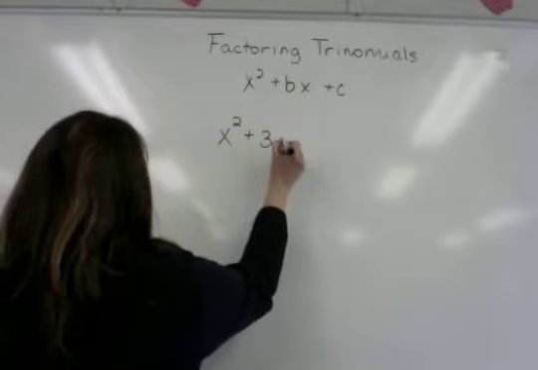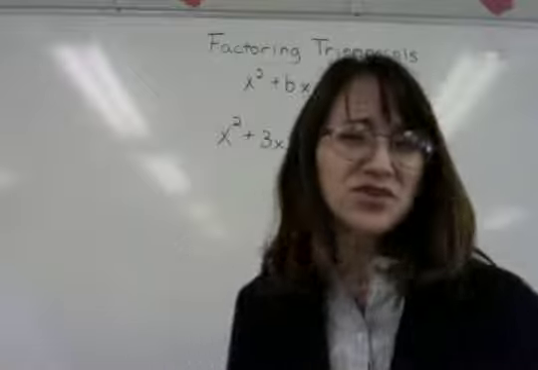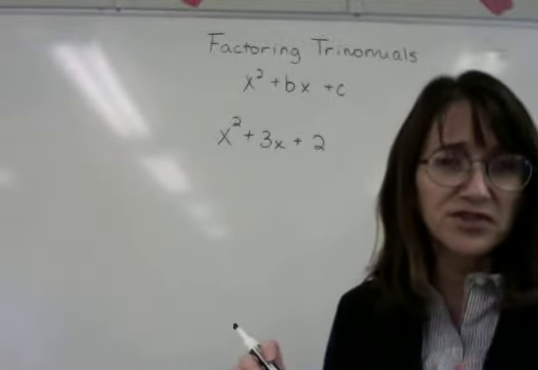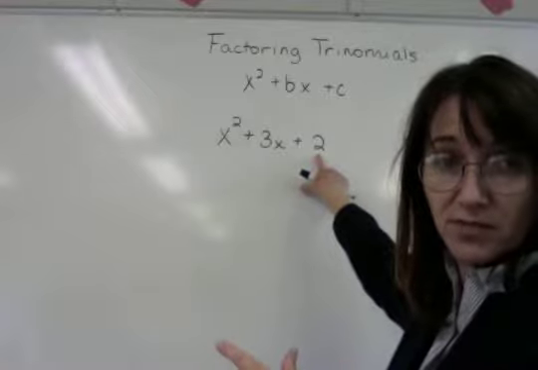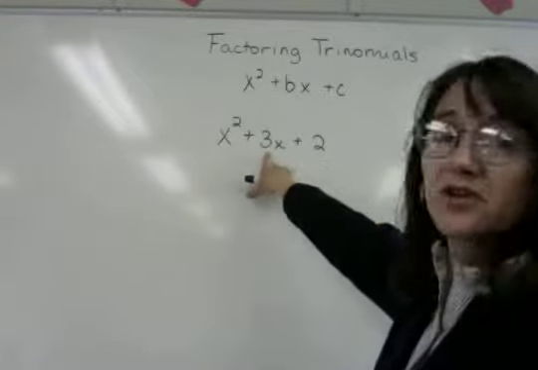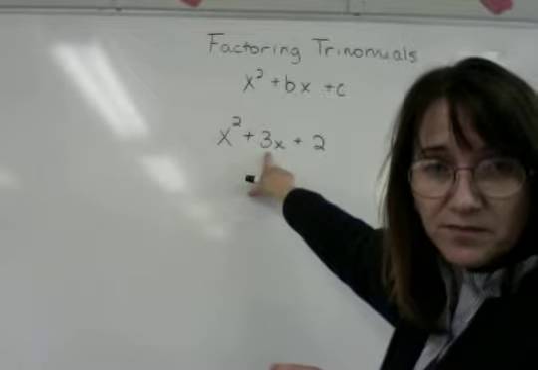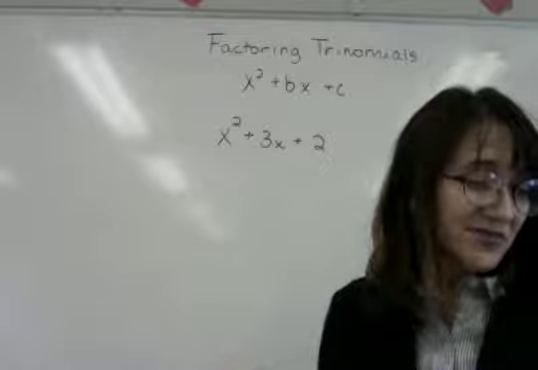Technically, you've already got the answer, but I just wanted to look at what we're trying to do. So I want factors of that term that when I add them together, I end up with 3x in the middle. And not just any 3x, it has to be a positive 3x.